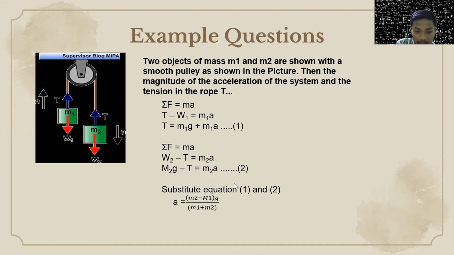This is equation 2. Substitute equations 1 and 2. By substituting equations 1 and 2, we get acceleration equals m2 minus m1 times gravity per m1 plus m2.